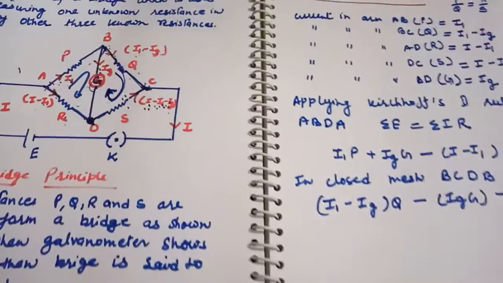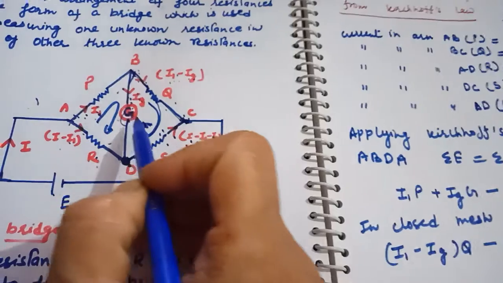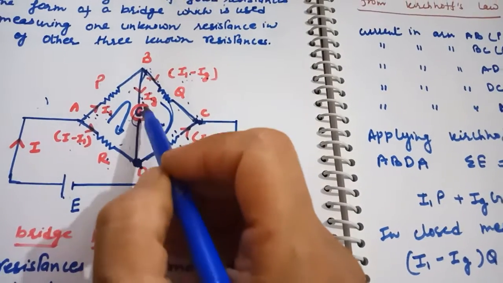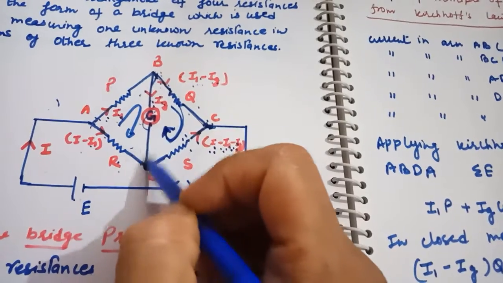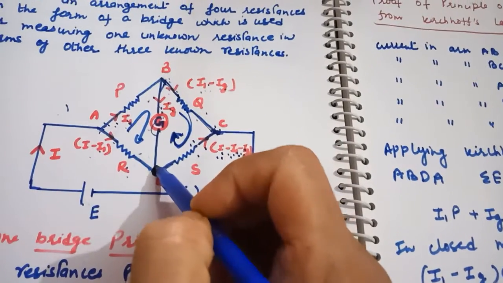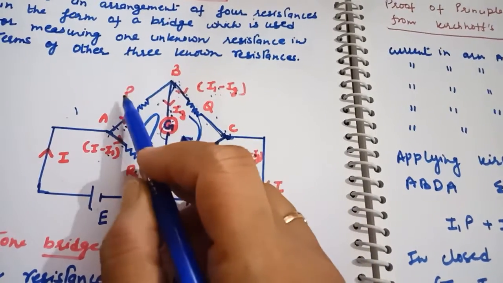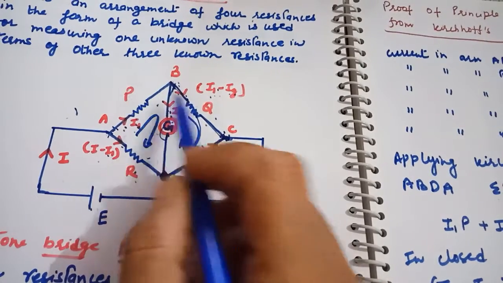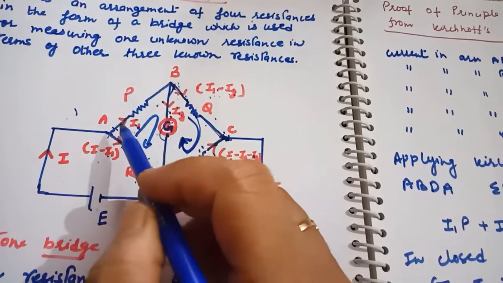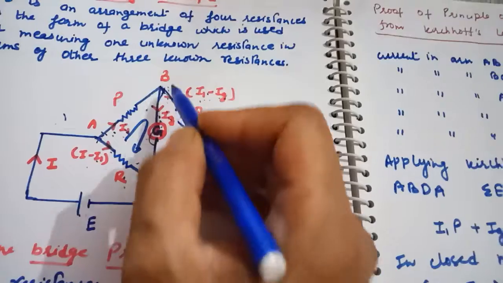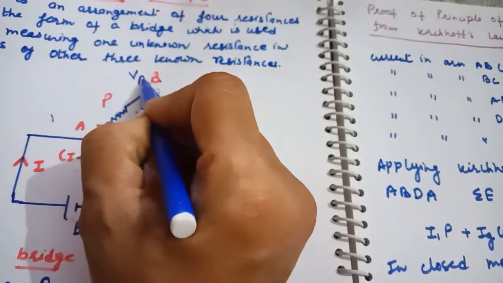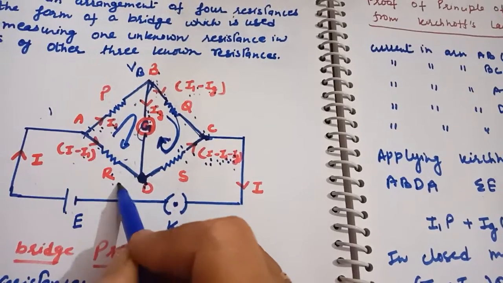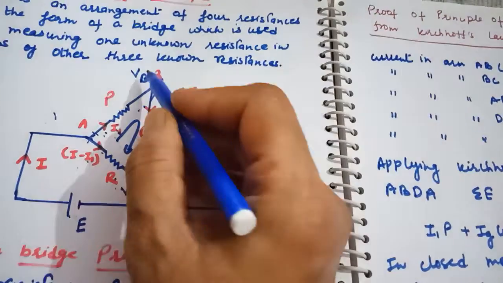But in which condition is the bridge balanced? The bridge is balanced when the galvanometer shows no deflection, meaning no current flows in the arm BD. When will it happen? When these four resistances P, Q, R, S are arranged in such a manner that the potential at the point B, VB, and the potential at the point D, VD, will be the same.